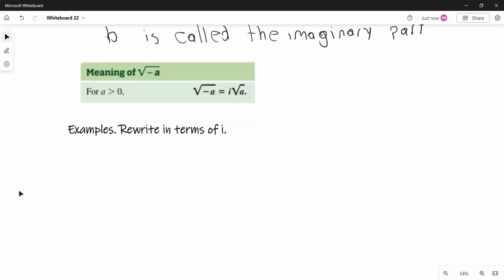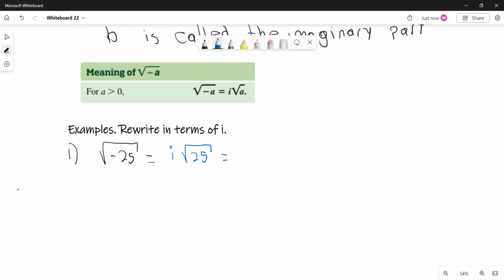Like the square root of negative 25. This is the same as i times the square root of 25, and we know that the square root of 25 is 5. So we can write it as i5, but most of the time we're going to write 5i.